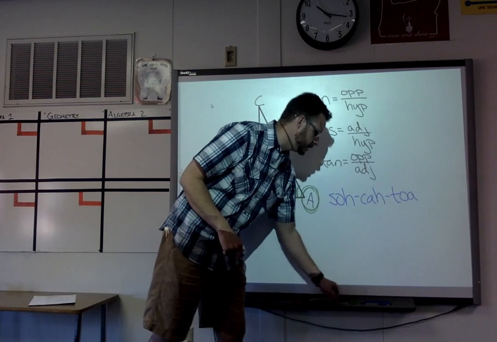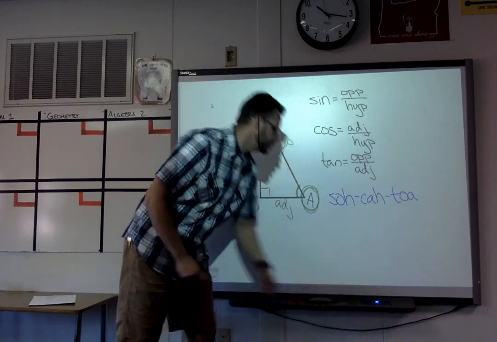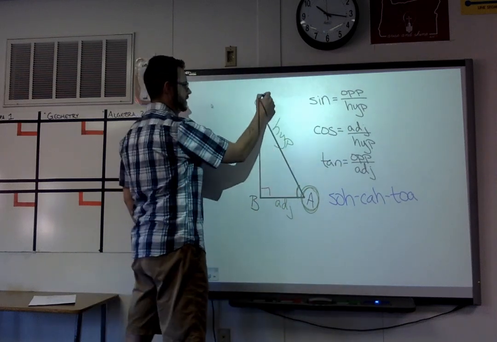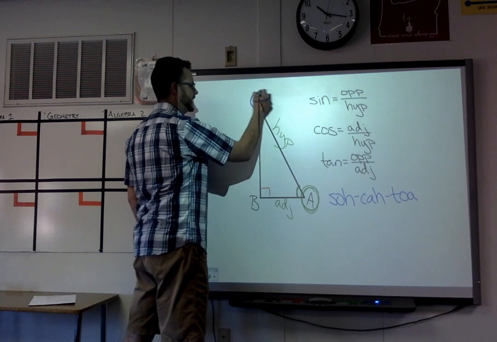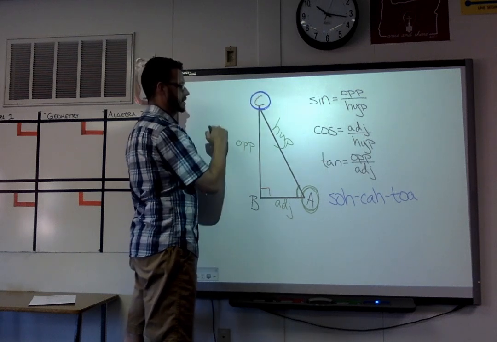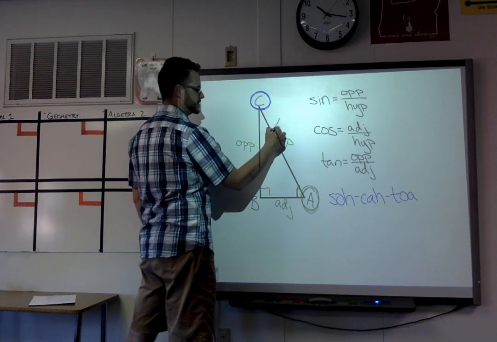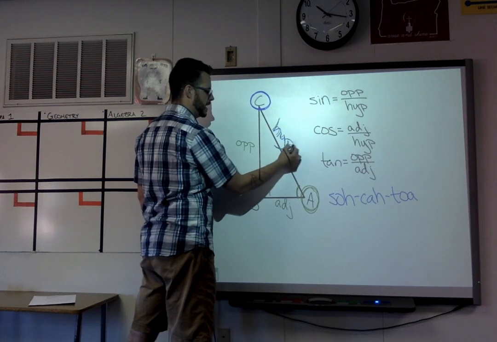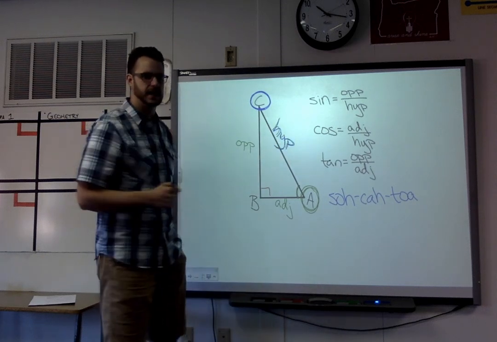Now, if we were working with, I'll use blue this time, angle C, we still have our hypotenuse as the longest side.